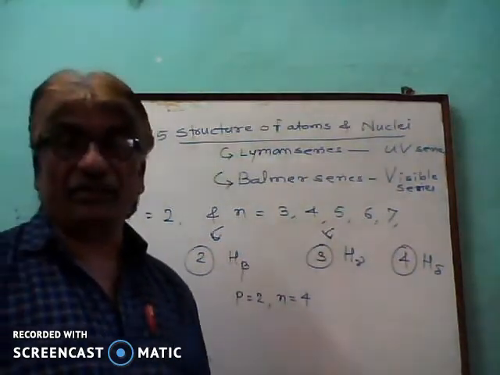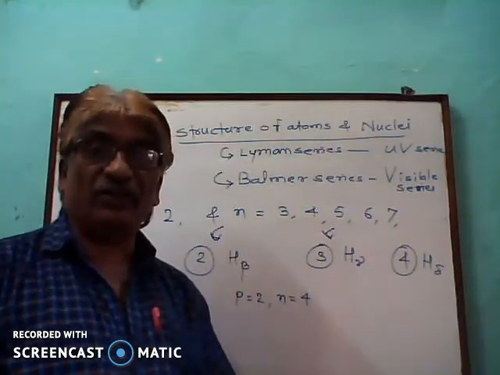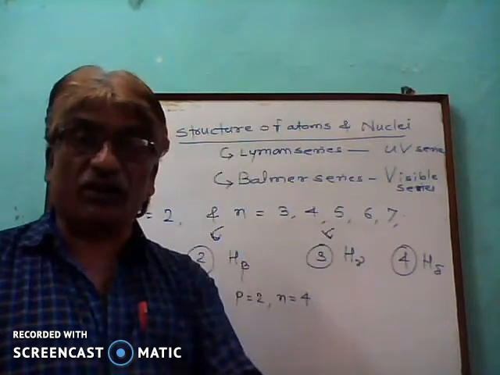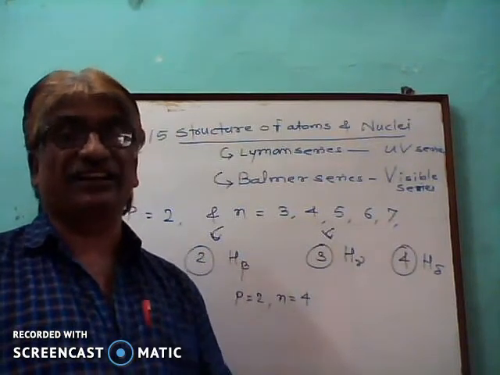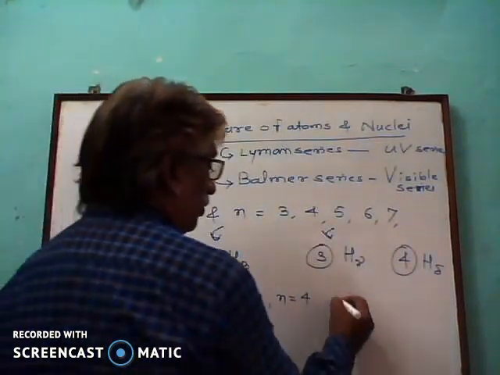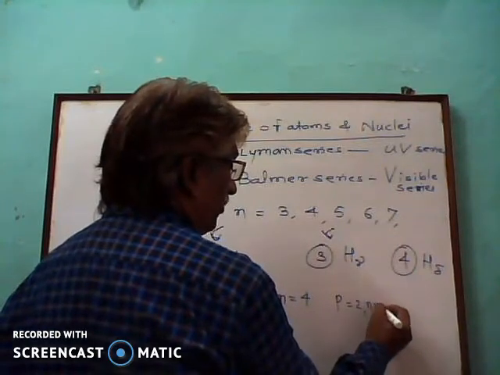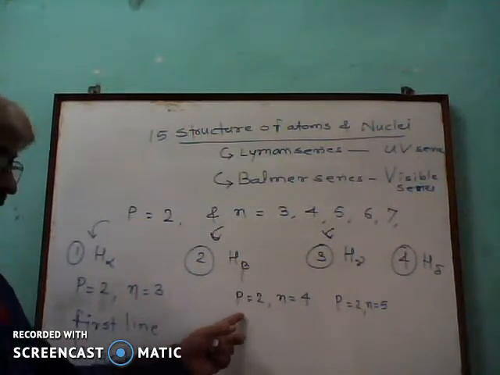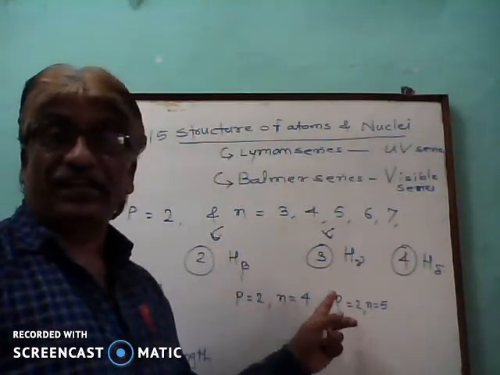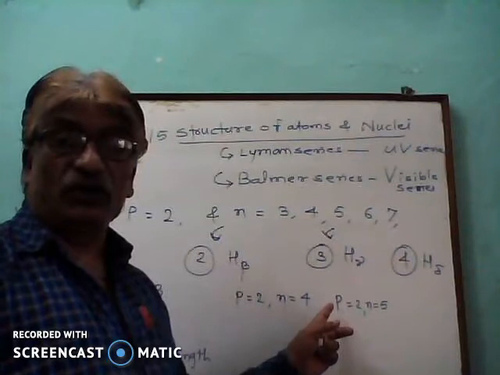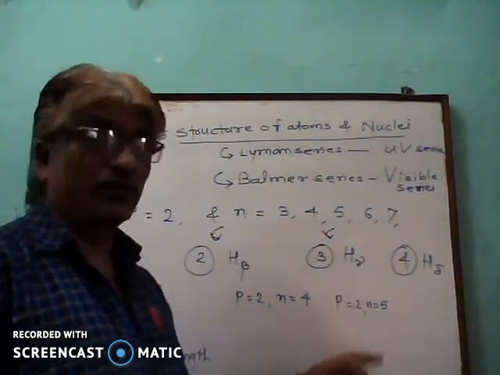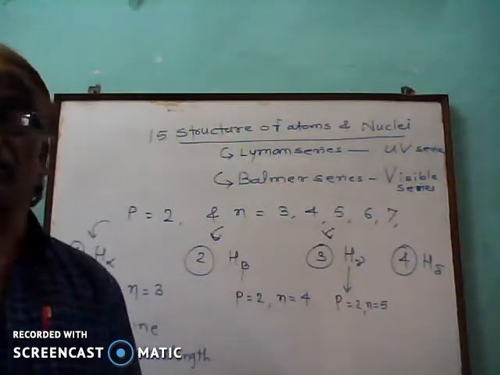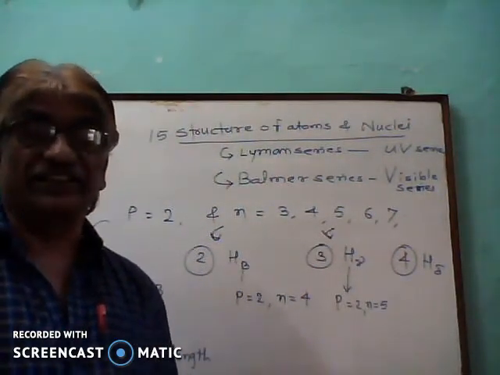For the H gamma line, the electron jumps from the fifth orbit to the second inner orbit, meaning P equal to 2 and N equal to 5. Here P equal to 2, N equal to 3; P equal to 2, N equal to 4; and in the H gamma line, P equal to 2 and N equal to 5. The line is called the H gamma line or third line of the Balmer series.